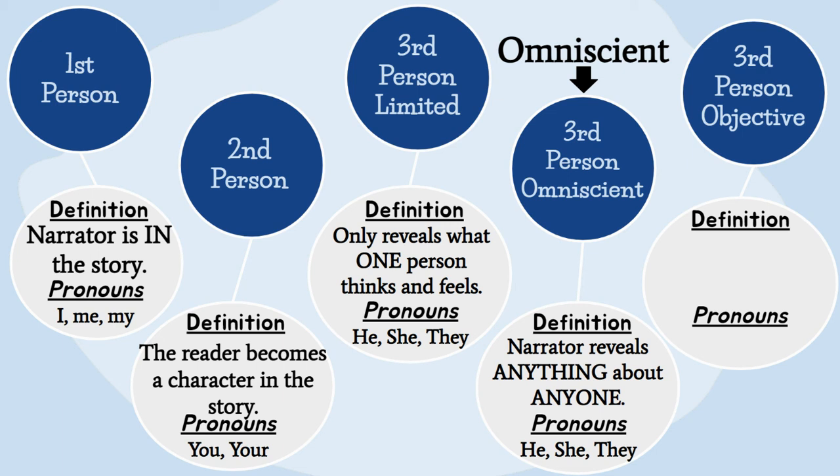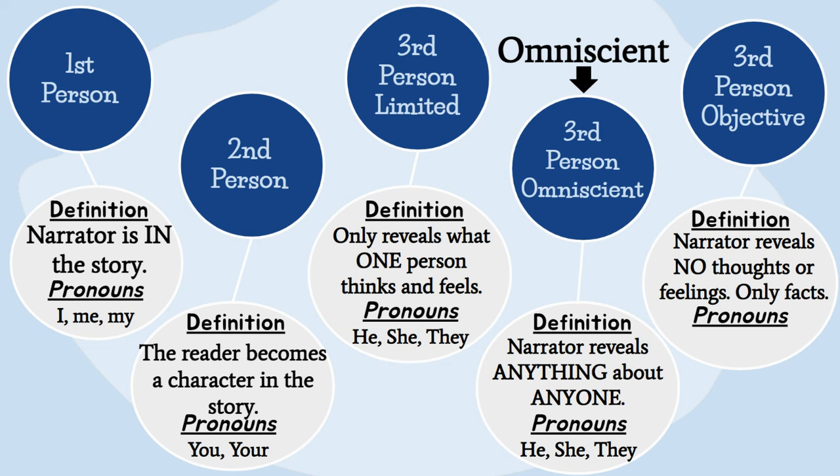Finally, there is third person objective. Third person objective is when the narrator reveals no thoughts or feelings. It's only facts. So you're going to see third person objective in a history book, or when you get older, if you're reading a legal brief. If you know any lawyers, they can tell you how boring legal papers are.